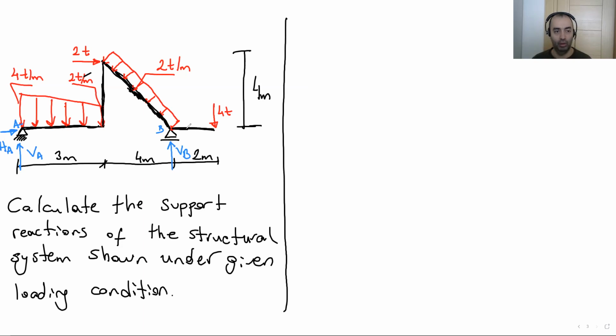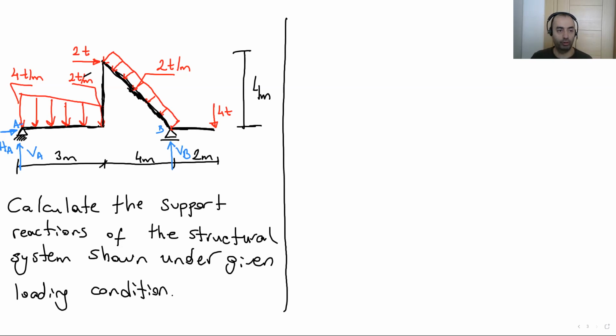So we have 2 different distributed loads. The first one is at the left-hand side, which is trapeze loading. The other one is uniform distributed load on the hypotenuse part of the triangle, as you can see on the beam.